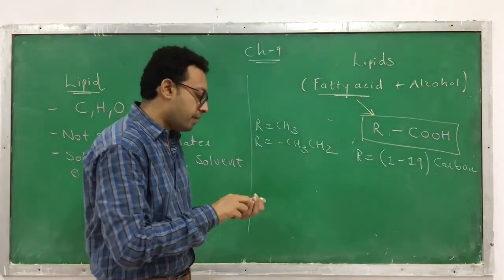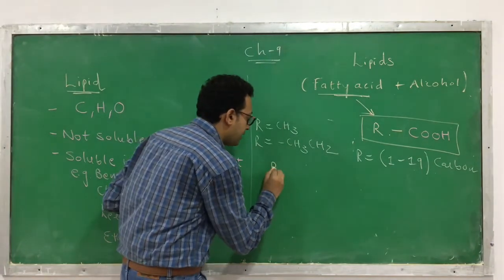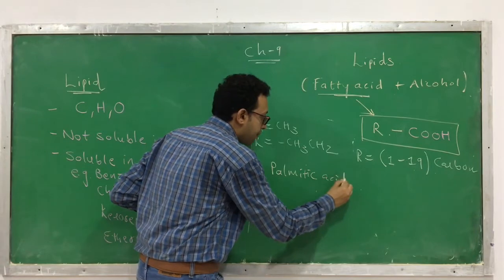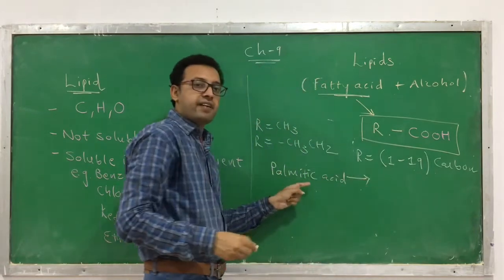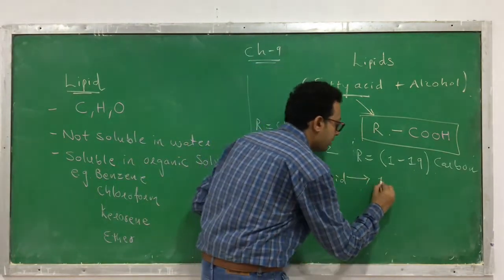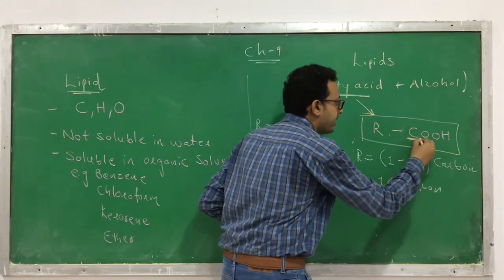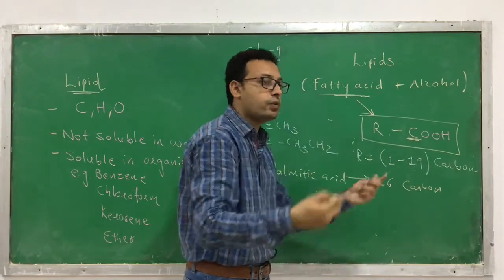Like for example, I will give you two examples. The first example of a fatty acid is palmitic acid. It contains how many carbons? 16 carbons, including the carbon of COOH, because the COOH also contains 1 carbon.